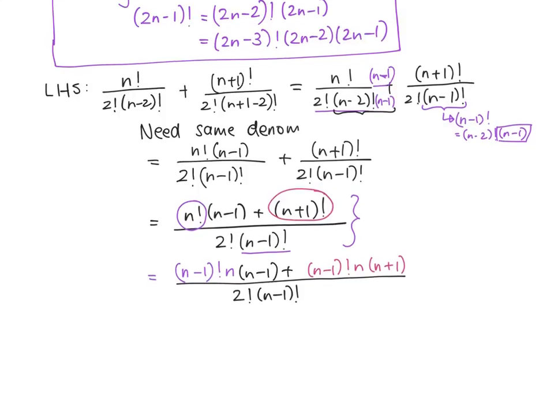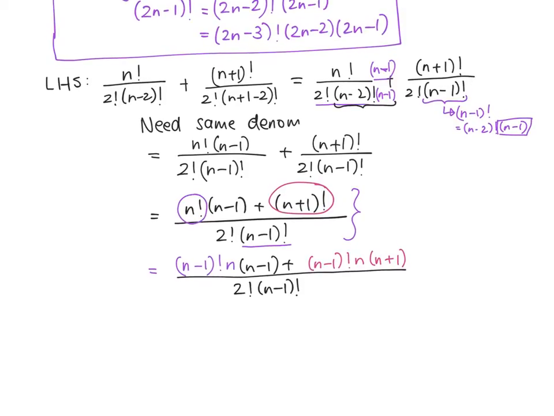So now, if we have a look at our numerator, we can actually pull out some common terms. We have an n minus 1 factorial and an n minus 1 factorial. So we could write our numerator as n minus 1 factorial, all times the stuff left over. Those two terms give me n squared minus n, plus, and then the last term over here gives me n squared plus n.